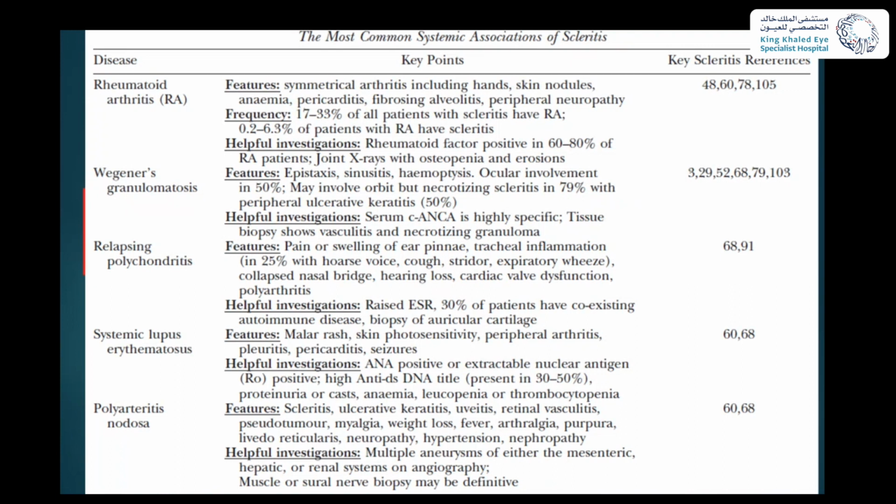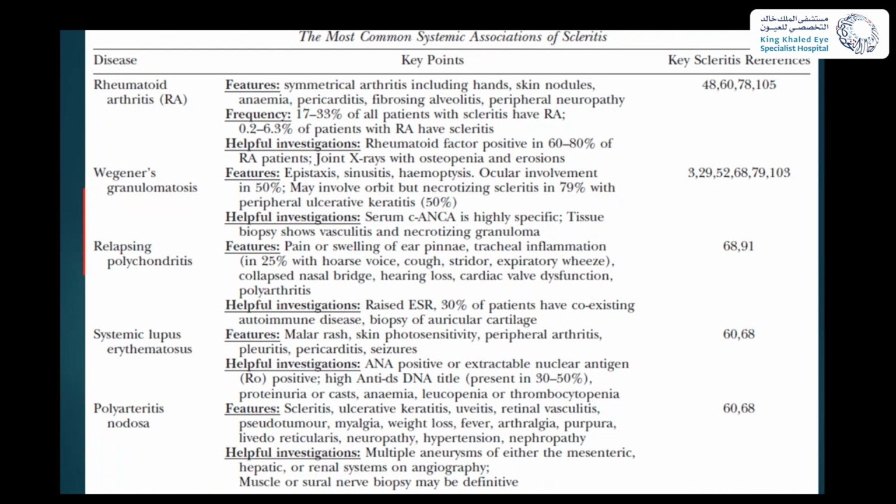Sometimes the patient has no symptoms other than redness and repeated attacks of scleritis, and we do the investigation, rheumatoid factor, we find it high, and then you refer the patient to the rheumatologist. And next, the patient who is following the rheumatology clinic is referred back to you because of the eye manifestation, and it is scleritis.